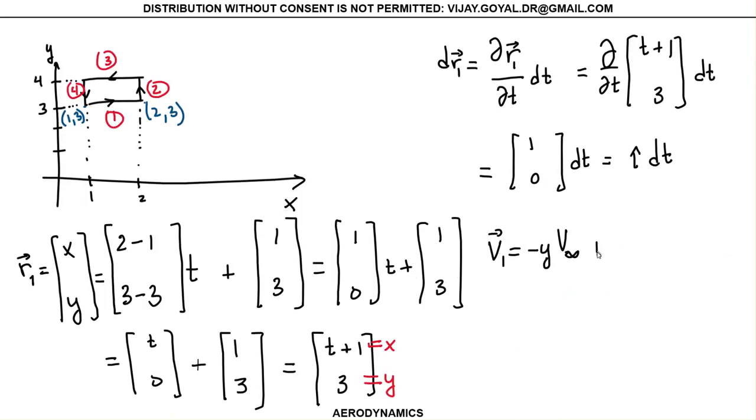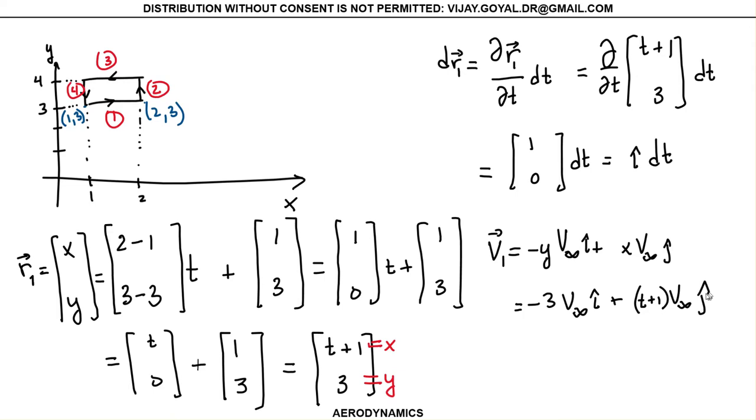Now note that y is 3, so this becomes minus 3 v infinite i, plus x is here, so this would be (t plus 1) times v infinite j.